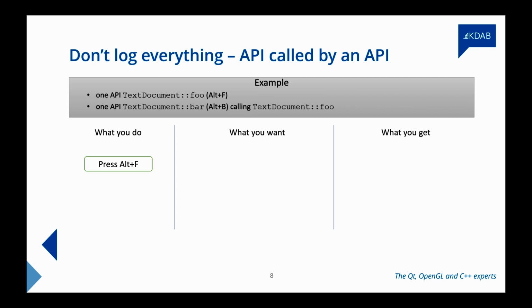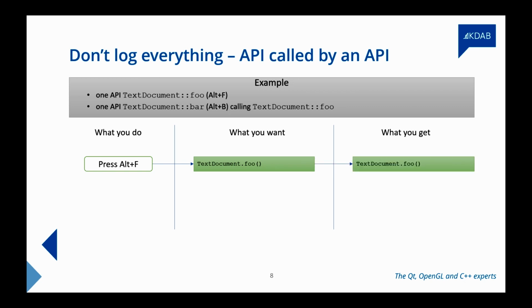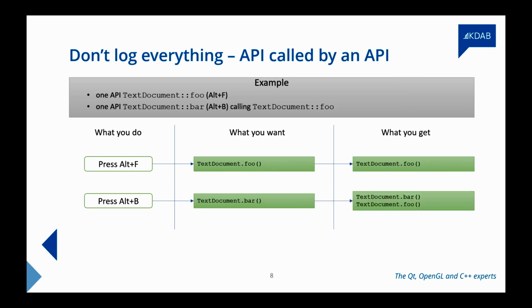If I'm pressing alt-f, what do I want? TextDocument.foo. And that's what I got. If I'm pressing alt-b, what do you want? TextDocument.bar. And what do you get? Any ideas? You get bar and foo, right? Because I'm logging everything.